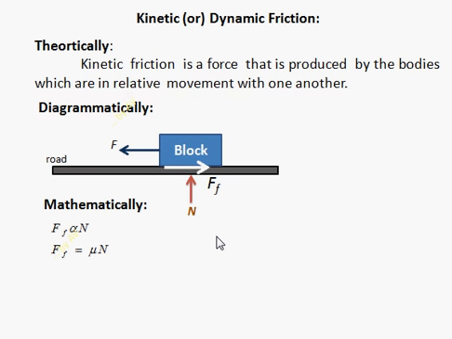Suppose a block is moved on a glassy surface, the coefficient of friction between them will be a different one. So whenever two bodies are in relative motion, there exists a coefficient of friction, but based upon the roughness of the surfaces, this coefficient of friction will differ.